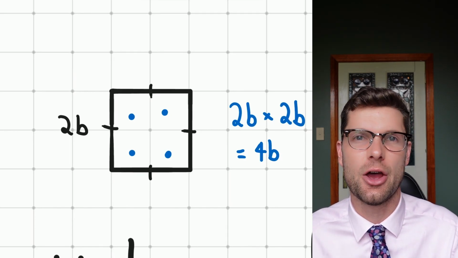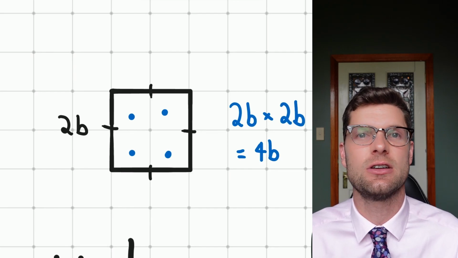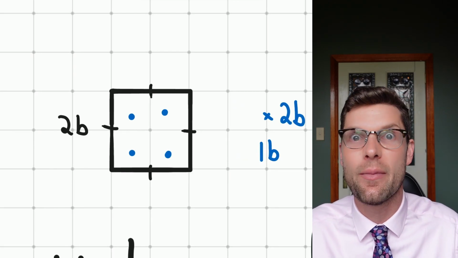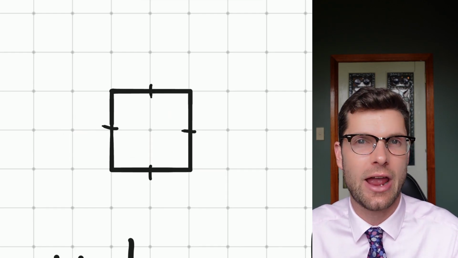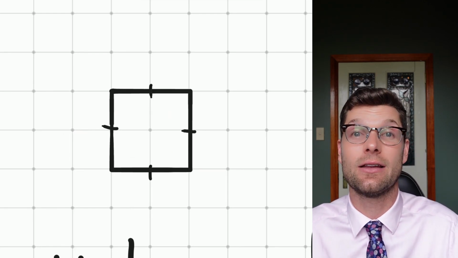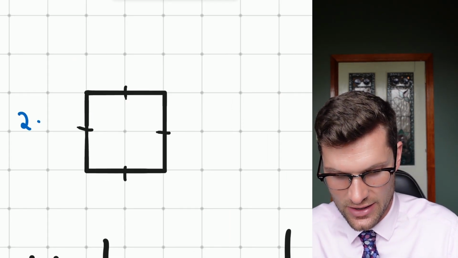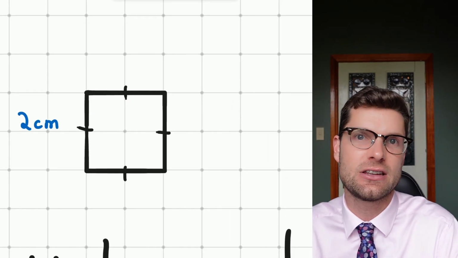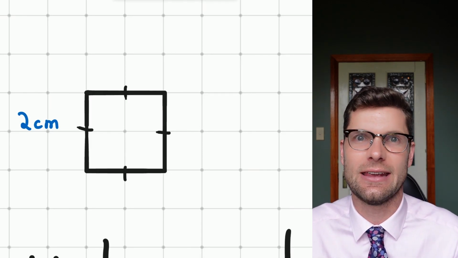But what we want to know is we want to take this understanding and put it with our units of measurement that we actually know: millimeters, centimeters, meters, and kilometers. So for this one, we're going to re-look at it, but instead of saying that the side length is 2 boxes worth, we're going to say that this is 2 centimeters. And that means that every side is 2 centimeters as well. The same theory happens.